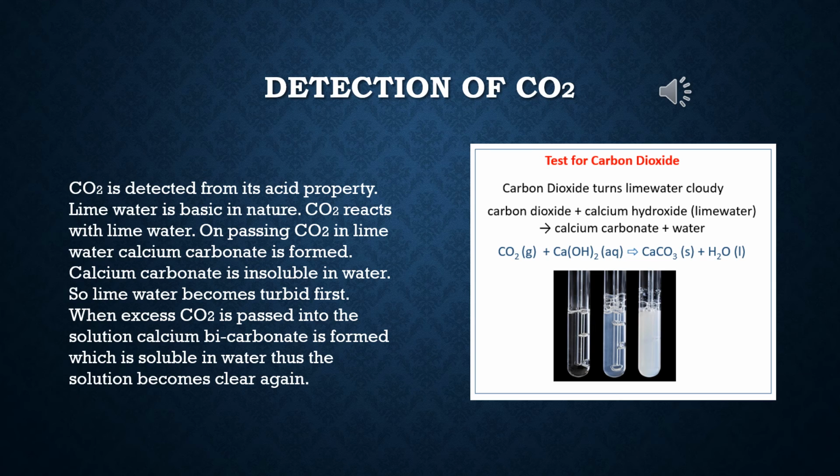This is actually turbid. The last one, test tube C, you can see the turbid solution. That means here calcium carbonate is formed. Now after passing the excess CO2, calcium bicarbonate is formed. This reaction you will get from your book. CaCO3 plus H2O plus CO2 forming Ca(HCO3)2, that is calcium bicarbonate.